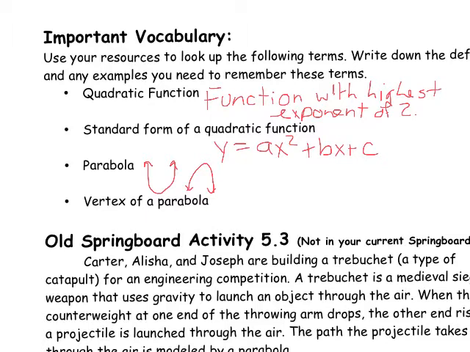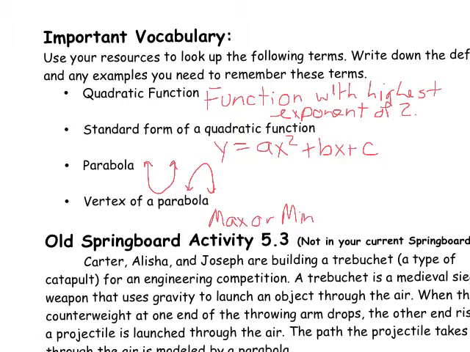And then the last thing that we need to know is what the vertex of a parabola is. It's probably not the technical definition, but a quick working definition is just the max or min. So depending on if it opens up or down, it could be the maximum or minimum.